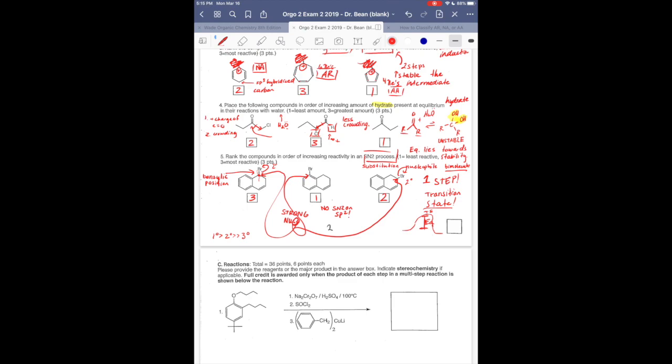And that's a similar idea to reactivity in general. If you're talking about a Grignard, for example, a Grignard is able to attack, like if you had this, for example, a Grignard could go and attack here.